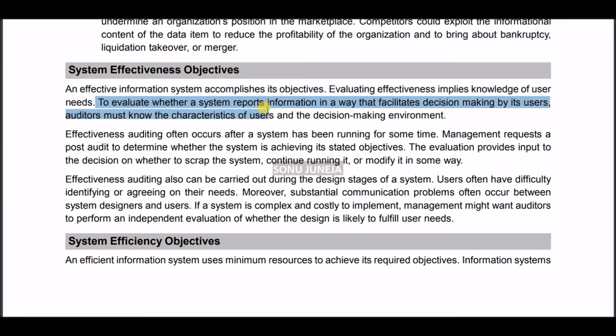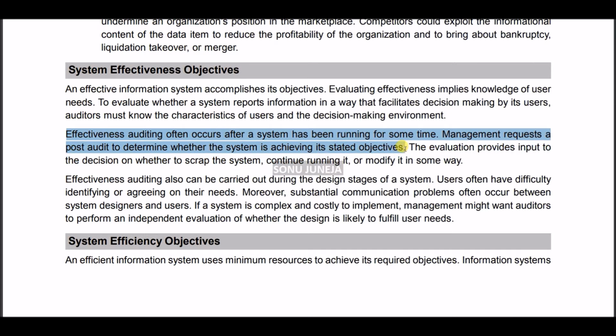Now to evaluate whether the system reports information in a way that facilitates decision making by its users, the auditor must know the characteristics of the user and the decision making environment. Effectiveness auditing often occurs after a system has been running for some time. Management requests a post audit to determine whether the system is achieving the stated objectives.